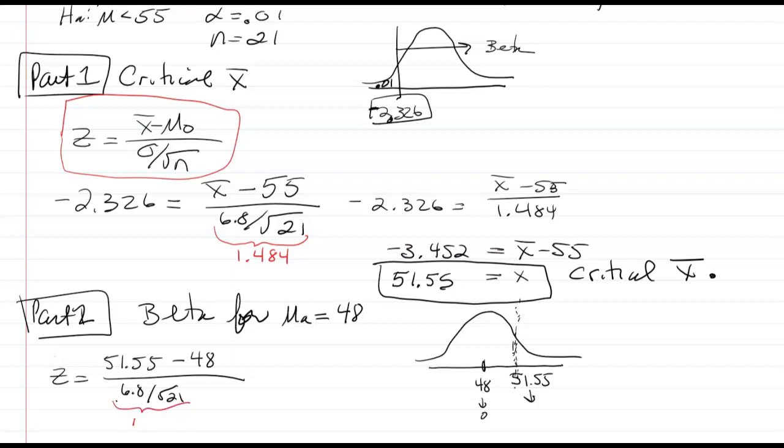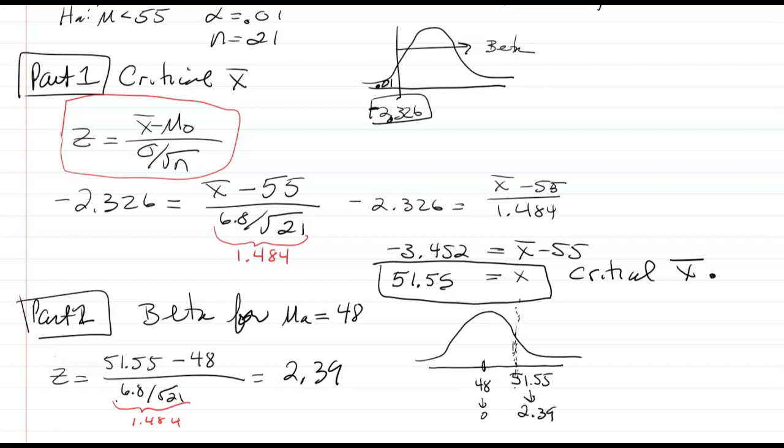Remember, we said that was 1.484. So stop, go ahead, get your z-score, 51.55 minus 48 over 1.484. And mine comes out to 2.39. So this is a z-score of 2.39.